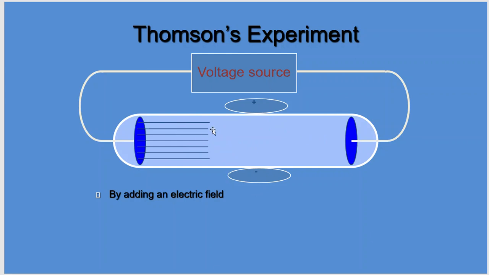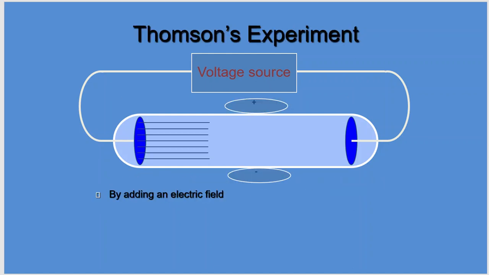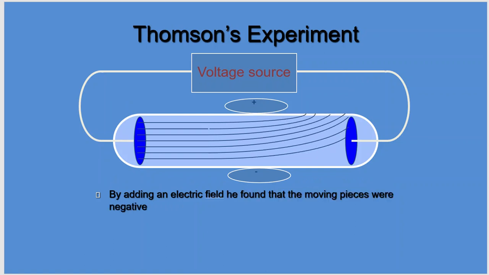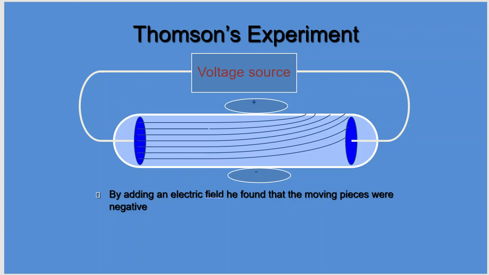But if they're charged, they're going to be affected by it. They're going to be repelled by the like charge, and they're going to be attracted to the opposite charge. So what happened was he shot the beam through with the magnetic field and noticed that the beam curved up towards the positive. So it was repelled by the negative and attracted to the positive. That means the beam itself must have been negative. So the particles in the beam were negatively charged, and he called those particles the electron.